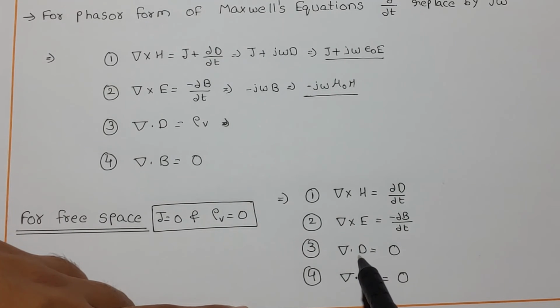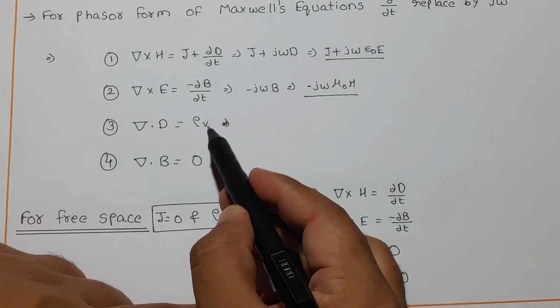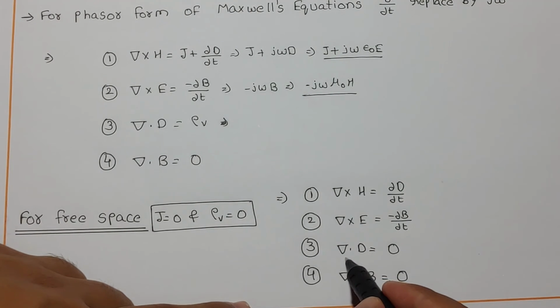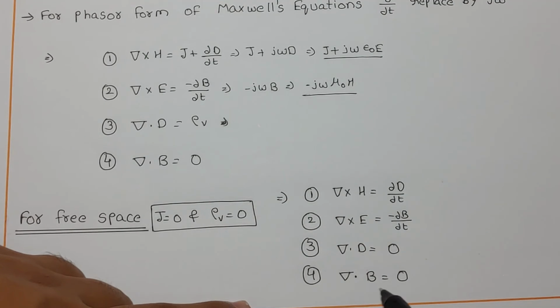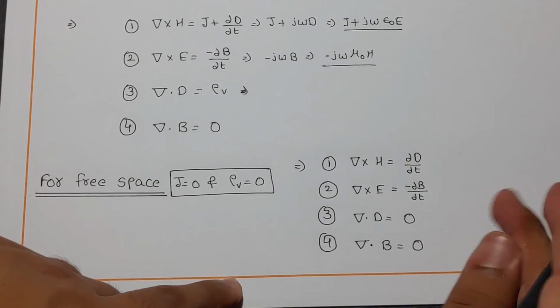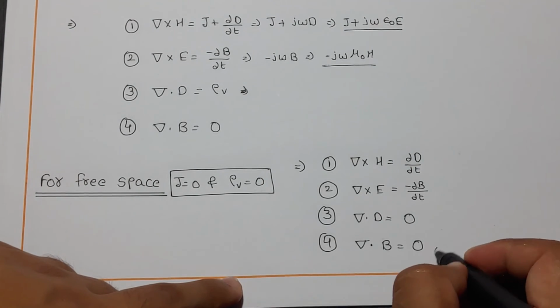Del dot D is equal to rho v in the time varying general form, which is equal to 0, which represents del dot D is equal to 0, and finally del dot B is equal to 0. These are the Maxwell equations for the time varying field in free space.